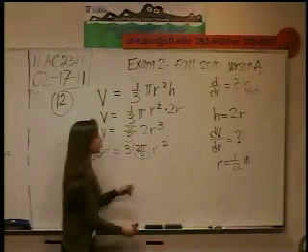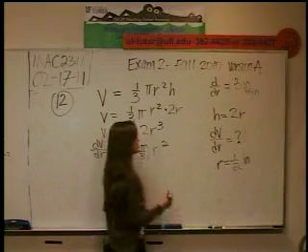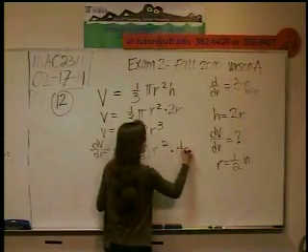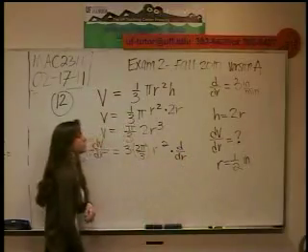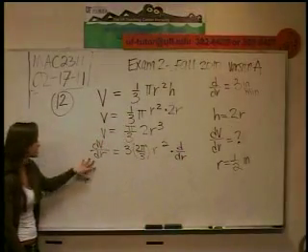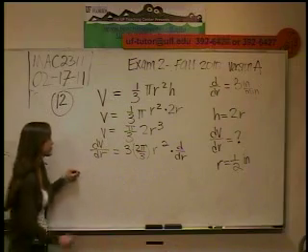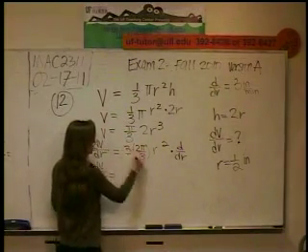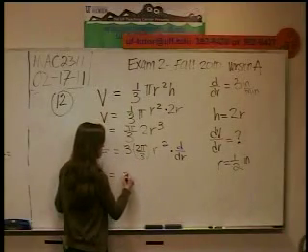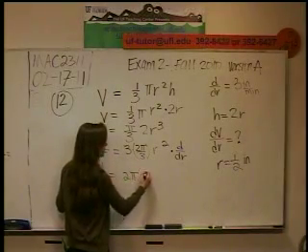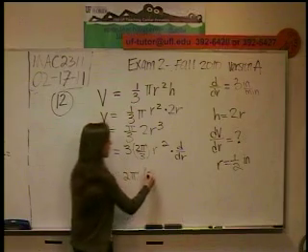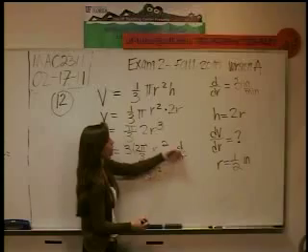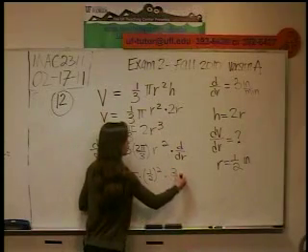And again, since we're doing this implicitly, I also have to take the derivative of r. So we get dr/dt. And this becomes, so we're solving for dV/dt. And the 3's can cancel, so I get 2 pi times my r, it was 1/2, so I'm going to have 1/2 all squared, times dr/dt, which was 3 inches per minute.